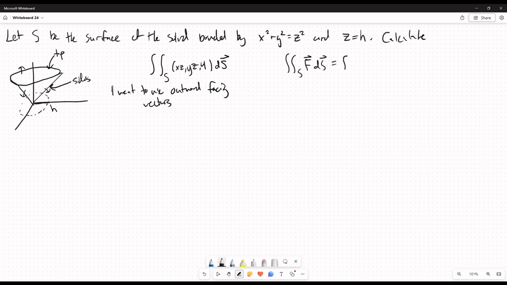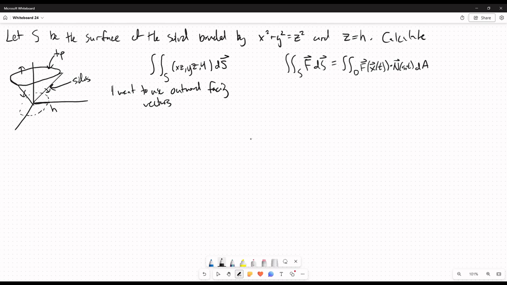One of those is the integral over D of F composed with our parameterization, dotted with our normal vectors, and this assumes that our normal vectors are pointing in the proper direction. If they're not, then we will need to do a little bit of modification at the end, basically just make our answer negative.